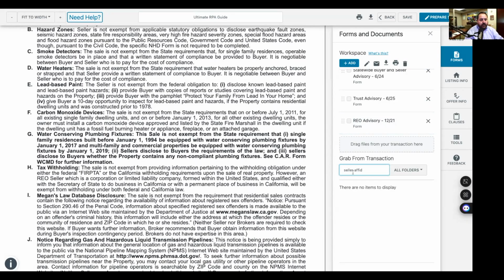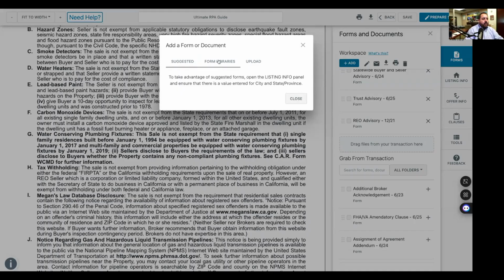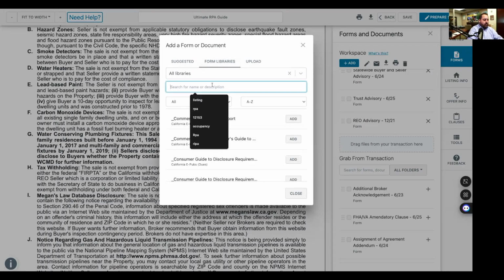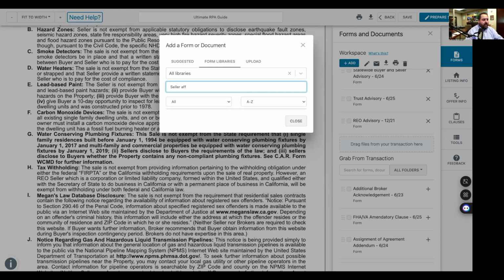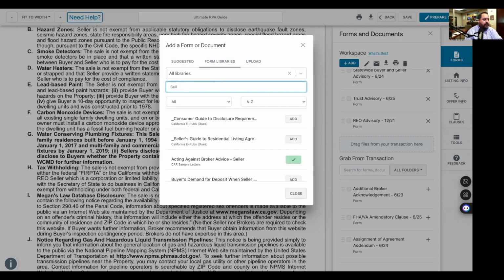So we can talk about that. Oh, it's not in the transaction yet. So let's try adding it this way. Seller affidavit. Where is it? Yes, let's do it that way.